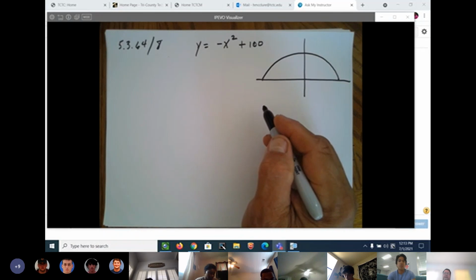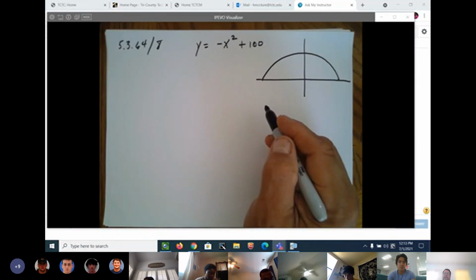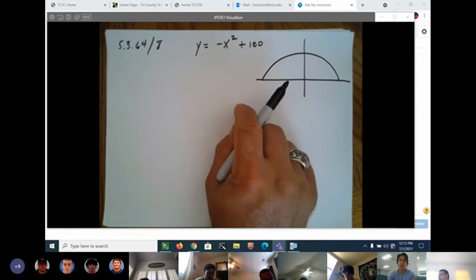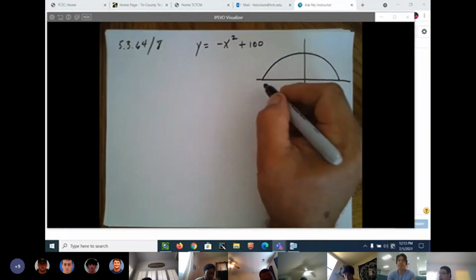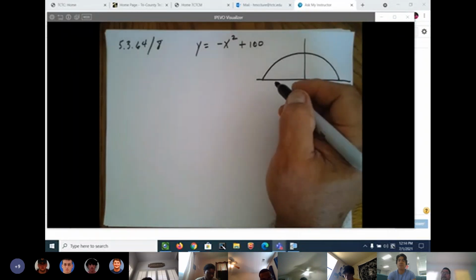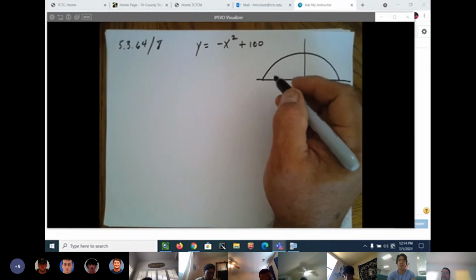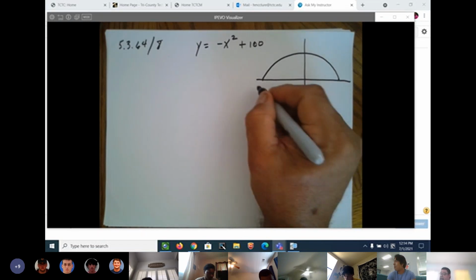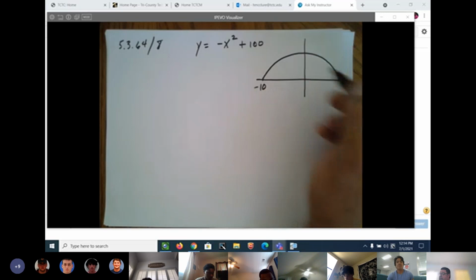What are the x-intercepts? Would it be positive and negative 50? Not 50. You divided 100 by 2. You're supposed to take the square root of 100. Negative 10 and 10.